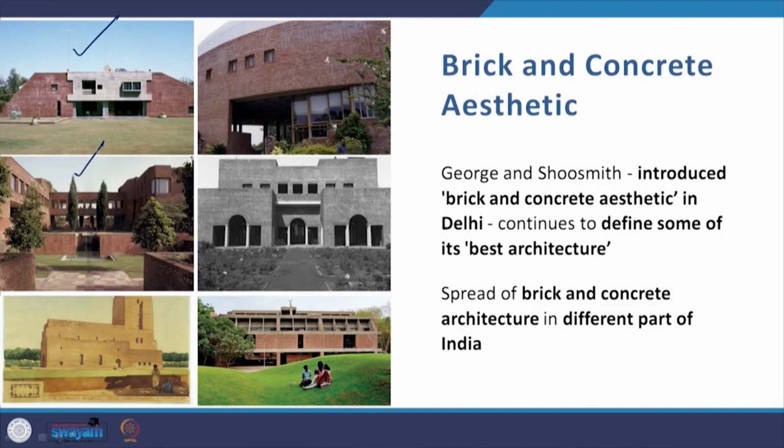The contribution, for example, of Charles Correa, or the Arcop Group, Mughal Sheraton in Agra, this building by B.V. Doshi, and then Sept Ahmedabad. All of these are examples of carrying forward of the brick and concrete aesthetic. So my boundary lines are getting redefined as I study this subject with you, because I was thinking that brick in the modern times was introduced in India through the works of Louis Kahn at IIM Ahmedabad, or even by Corbusier in Ahmedabad in the Sarabhai house, or in Chandigarh by Jean-Pierre Jeanneret and the others who did the housing part of Chandigarh.